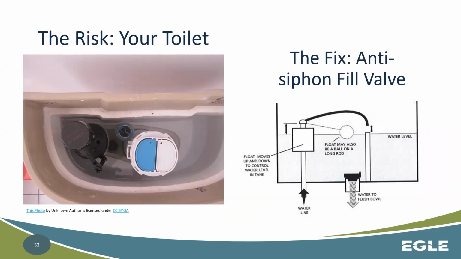Just over time, if the settings on these have been changed, you're not getting the separation you're supposed to have, or maybe it didn't have one of these anti-siphon devices in it. This is just stuff to think about when you're having inspections done, or when you're asking homeowners what potentially they might have in the house.